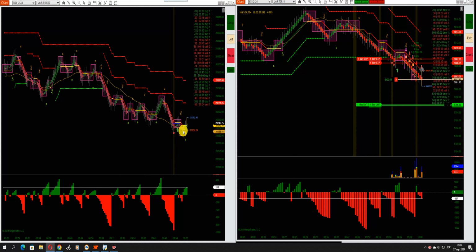See buyers in the Nasdaq, but still no follow through. Yes, still going lower. We see sellers keep on selling, guys.